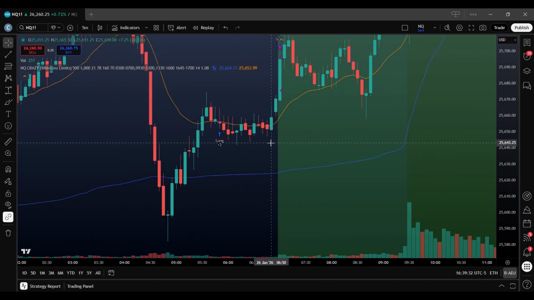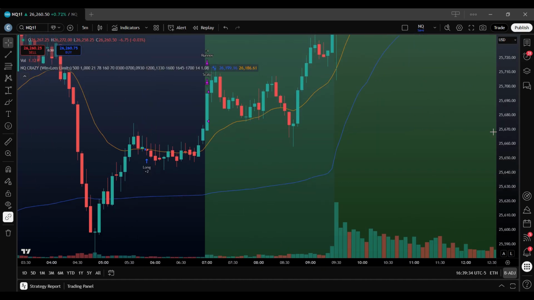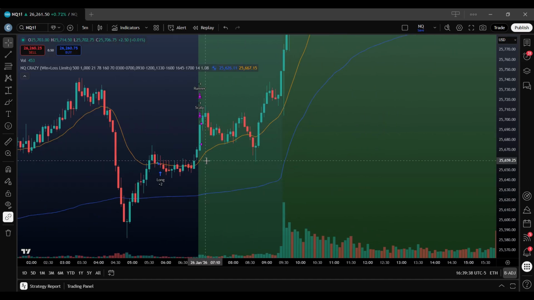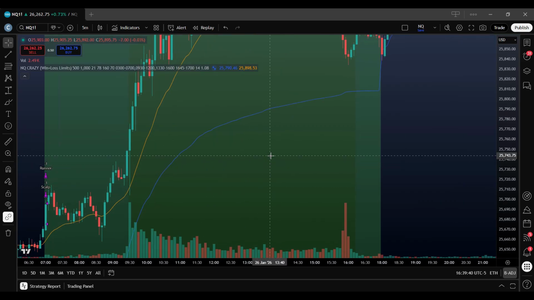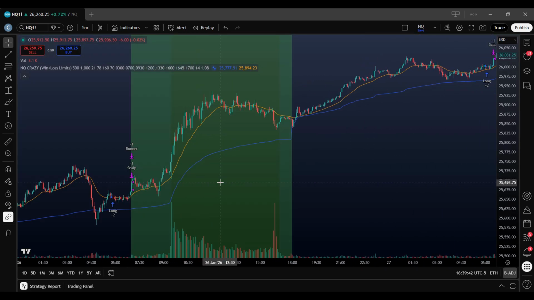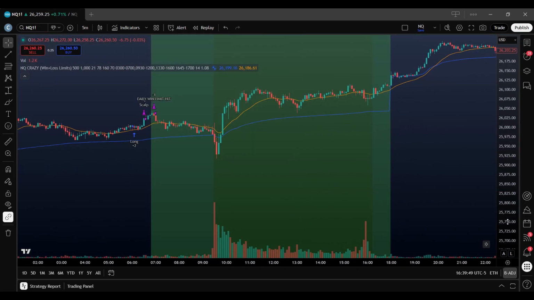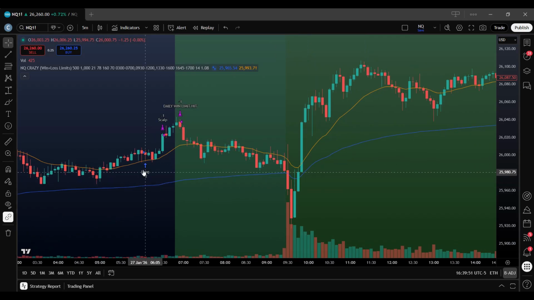Never hit this stop loss, obviously. As soon as you're in profit for the day, it goes green. Yeah, and then the day ended. So here, enter 2.